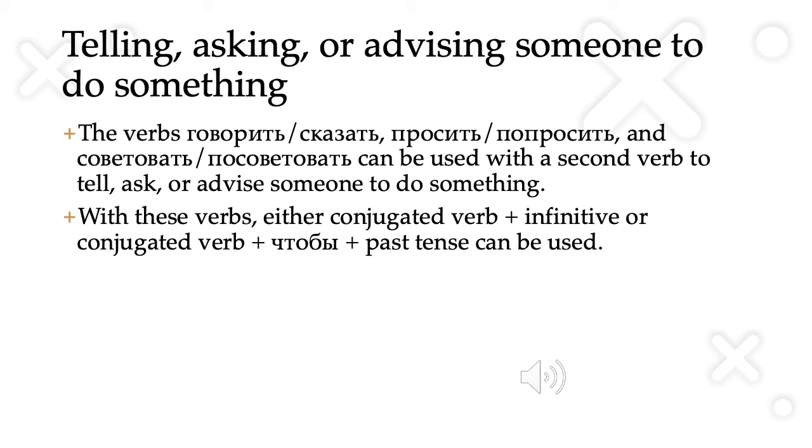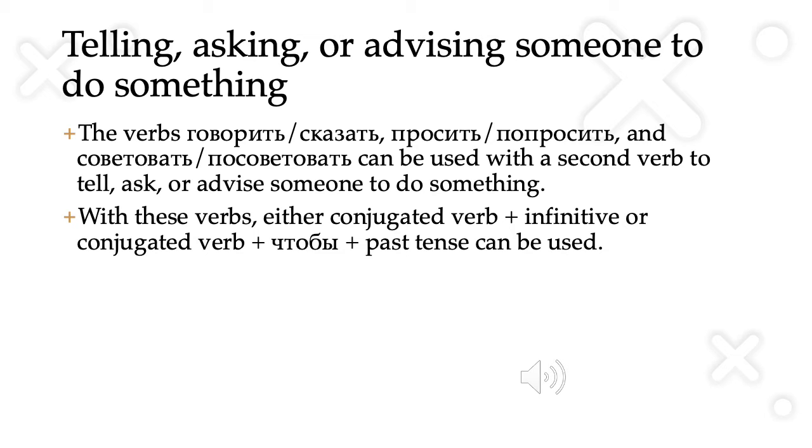You can use versions of either of those constructions if you want to tell, ask, or advise someone to do something. And so those verbs are говорить, сказать, to tell, просить, попросить, to ask a request, and советовать, посоветовать, to advise.